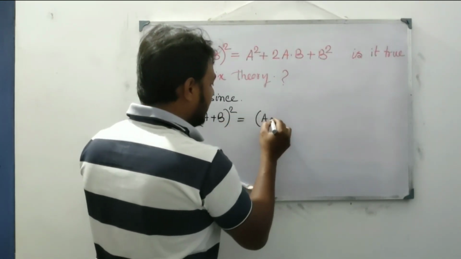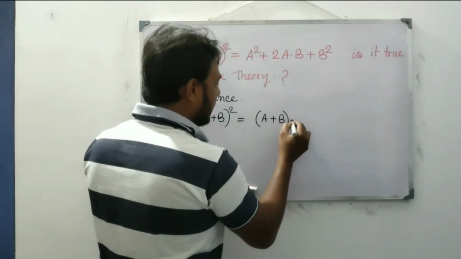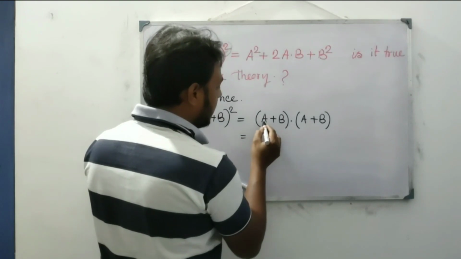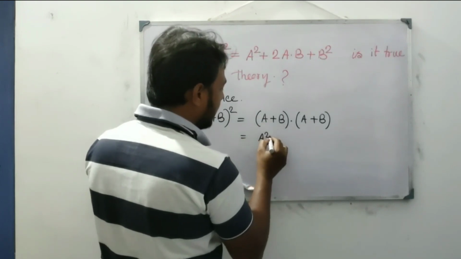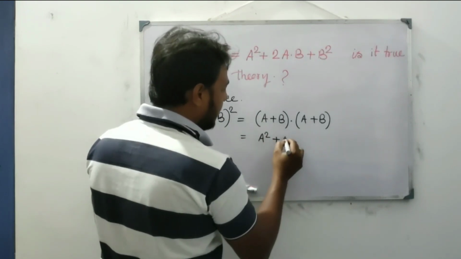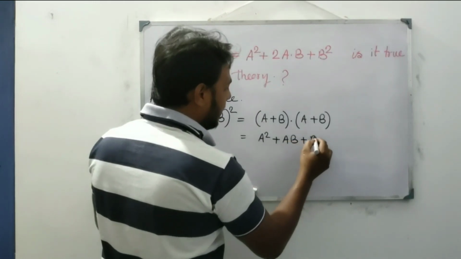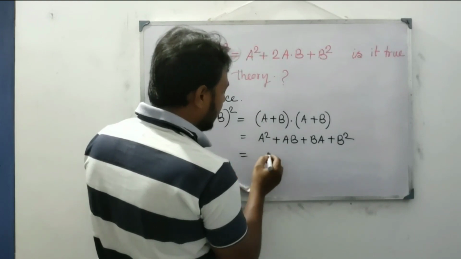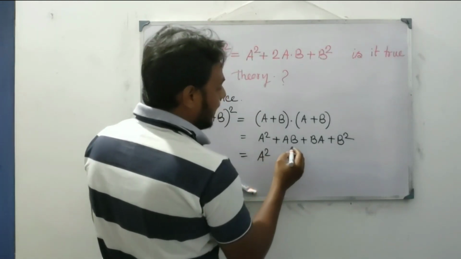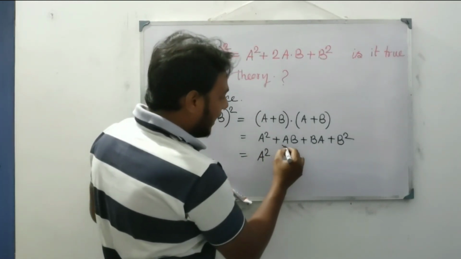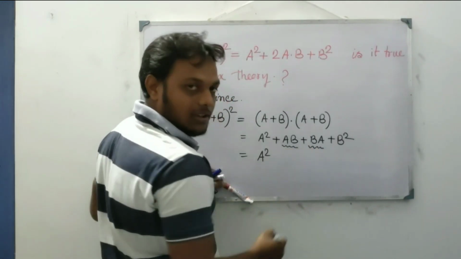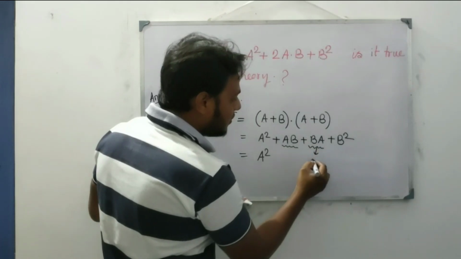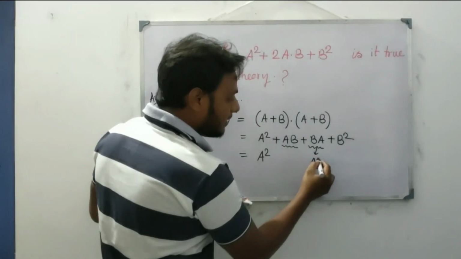It can be written as A plus B into A plus B. So if we apply the distributive property, then A into A means A square, A into B means plus AB, plus BA plus B square. Okay, so A square, very good. In the number system, AB and BA are the same thing. That's why we can change this BA into AB in the number system.